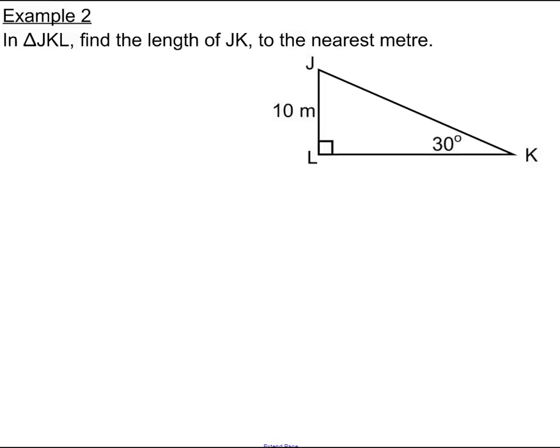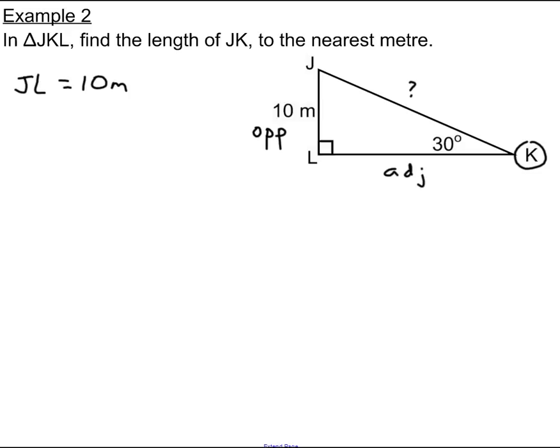This one just asks us to solve for the hypotenuse. So this is an unknown value to the nearest meter. Okay, so again, in this case, we know JL. It's 10 meters. And this is opposite, again, using vertex K. So we don't know the adjacent side, but we don't need to know it.